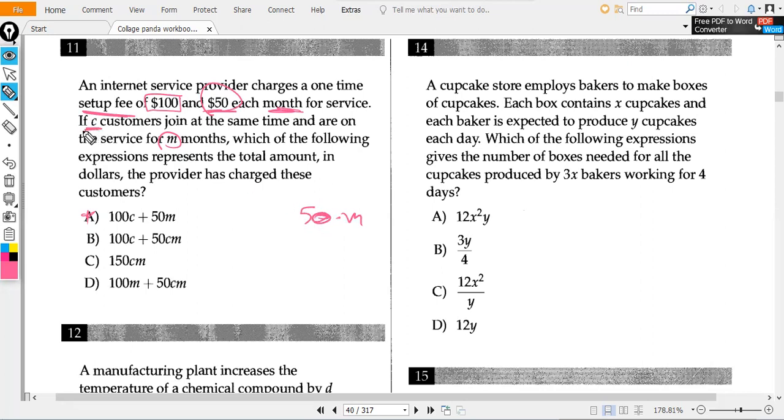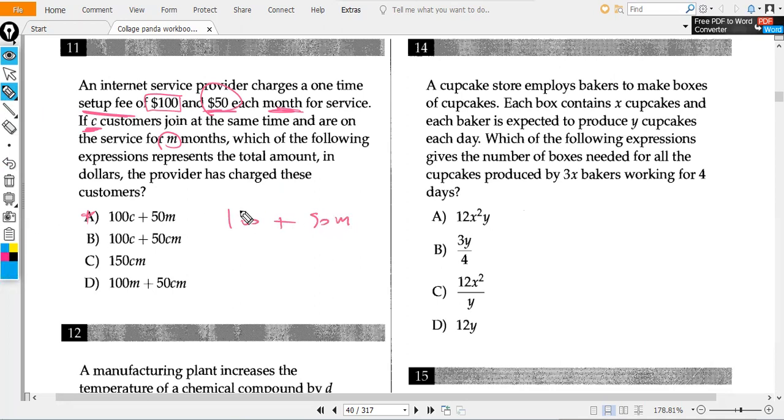Now, if C customers join at the same time and are on the service for M months, again, I will multiply by the number of customers. So we have 100 as a constant fee plus 50M.